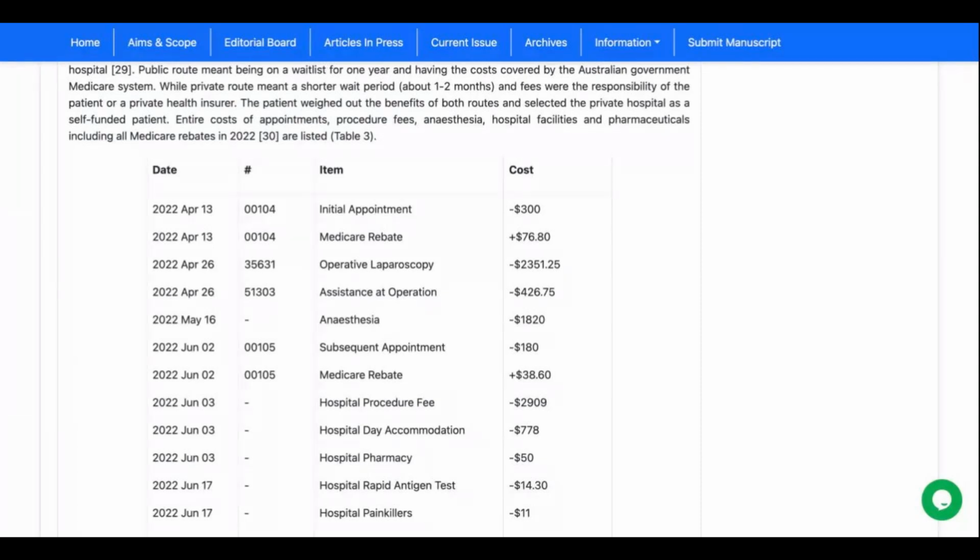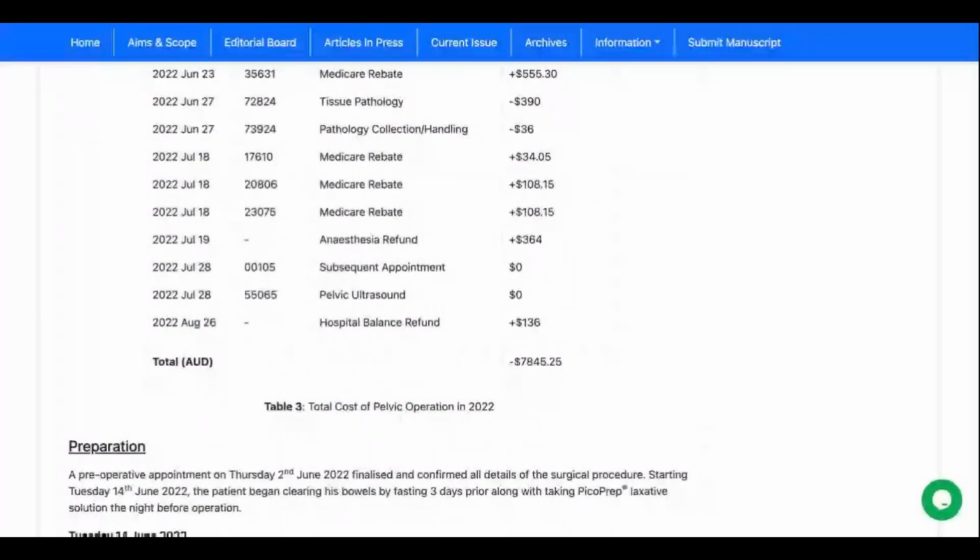But it turned out to be about $8,000 Australian, which, well, it depends. If you're a full time worker earning six figures, this amount is reasonable. But if you're a student on student welfare, then it's quite a lot of money.